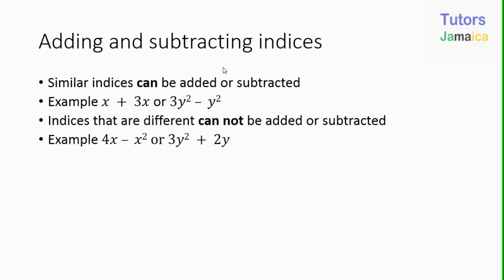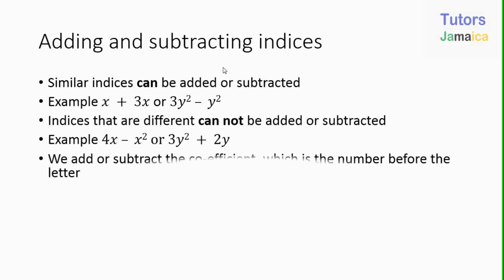An example would be 4x minus x squared or 3y squared plus 2y. We add or subtract the coefficient, which is a number before the letter, and we keep the letters with their respective indices.